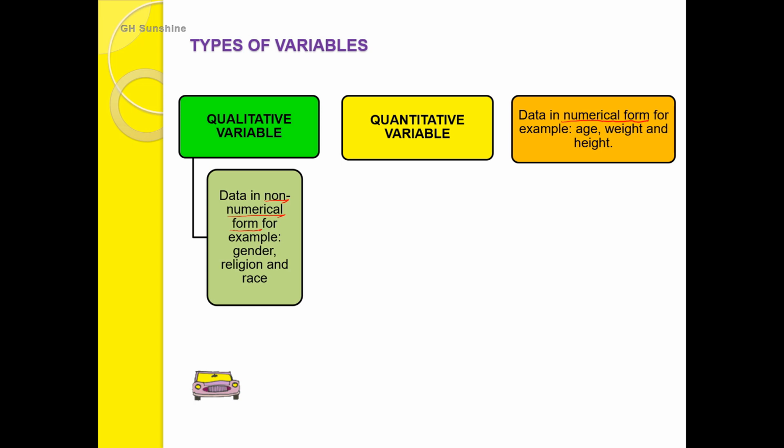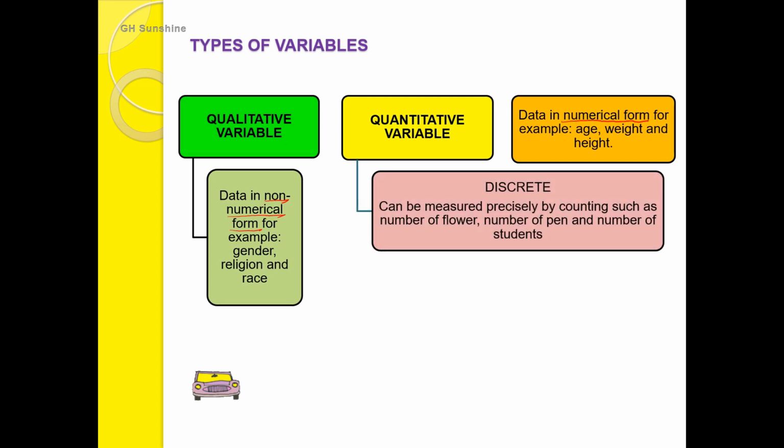Remember that qualitative is non-numerical form, quantitative is numerical form. Okay, so under quantitative variable, we have discrete quantitative variable, which can be measured precisely.